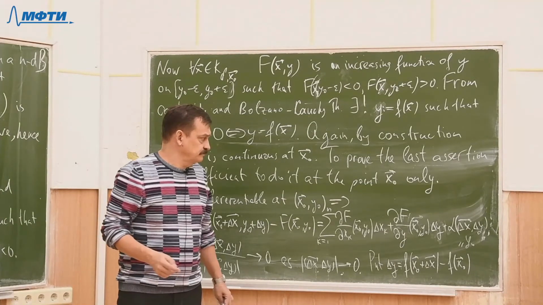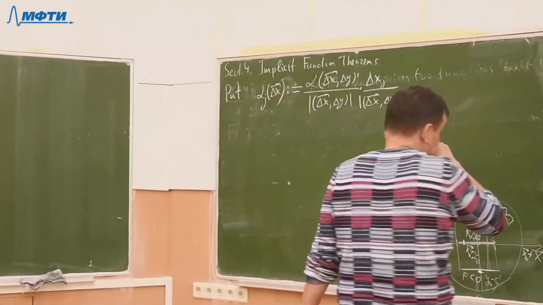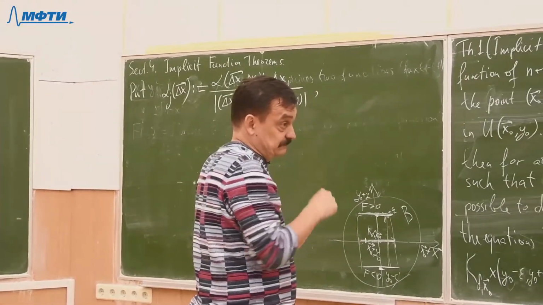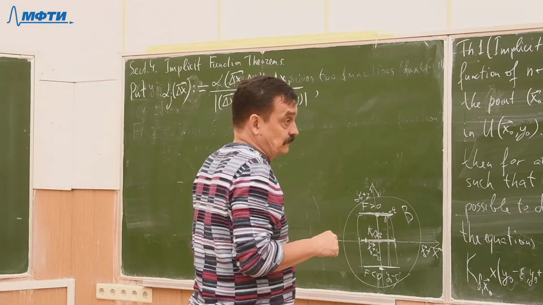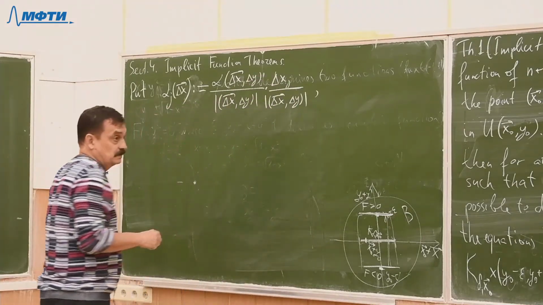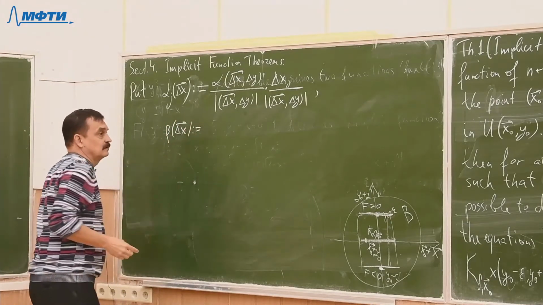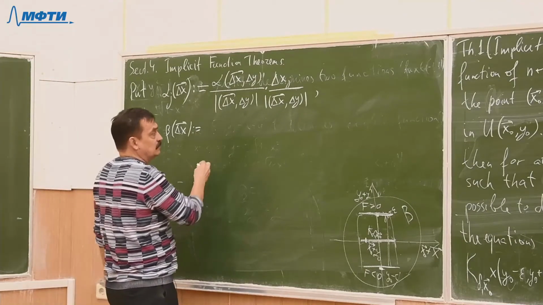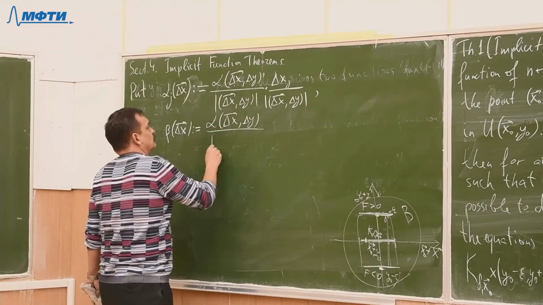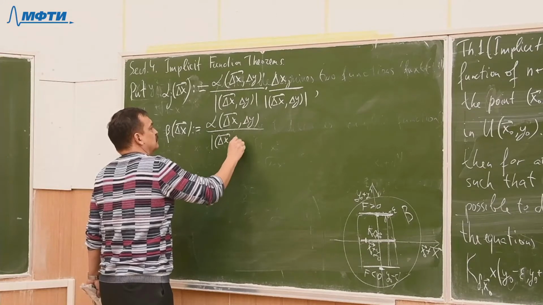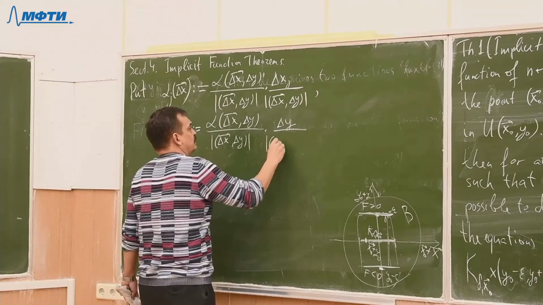Okay, so now which letter? Okay, let me write beta of delta x to be the related, so once again alpha of delta x delta y over the length times, analogously, delta y over this length.